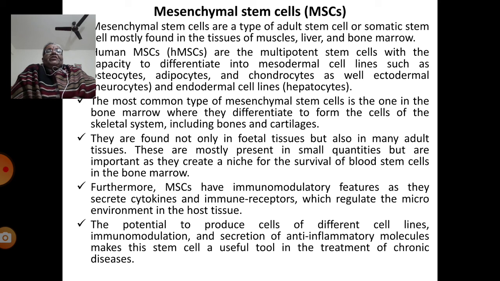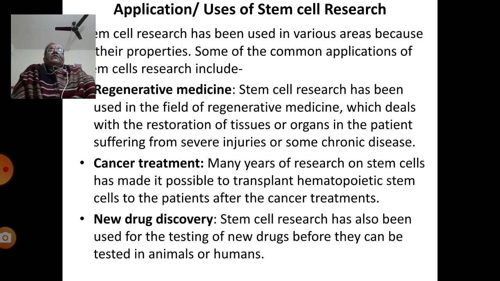So, the potential to produce cells of different cell lines, immunomodulation and secretion of anti-inflammatory molecules make these types of cells a useful tool in the treatment of especially chronic diseases. Right. So, after having learnt about 5 different types of stem cells, you should know the applications.